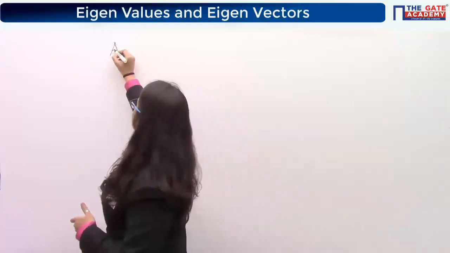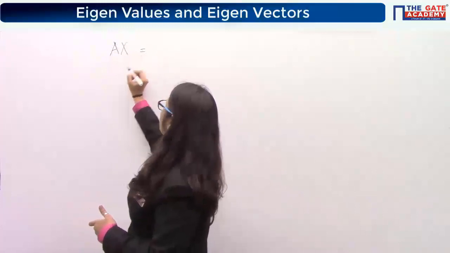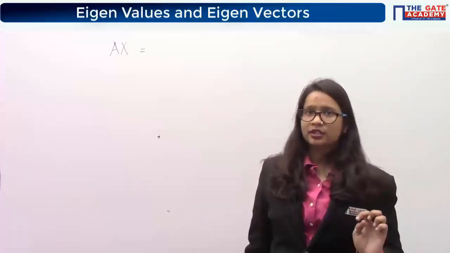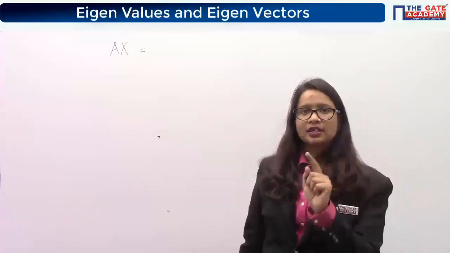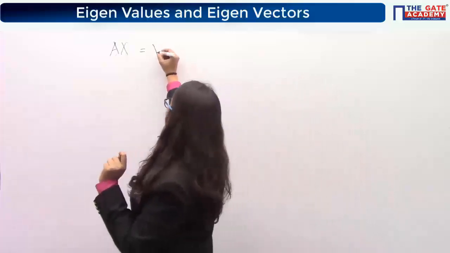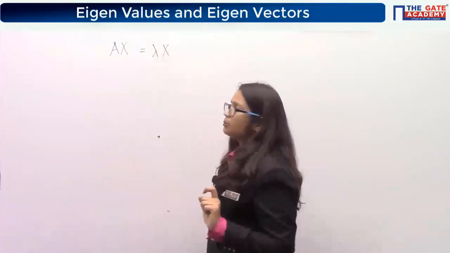What we have seen regarding the eigenvalue is that if you have some matrix A and you multiply it with some vector x, then this x will be an eigenvector if your result is some multiple of x.